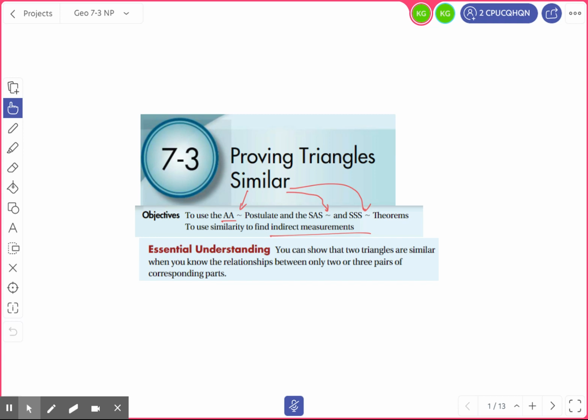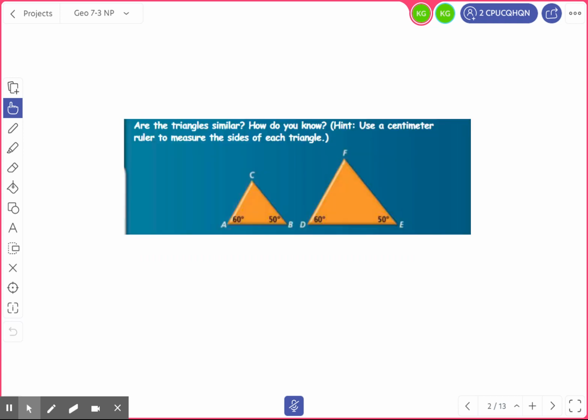All right. So we're going to learn how to show triangles are similar when you know a relationship between only 2 or 3 pairs of corresponding parts. So let's take a look at the first thing. Are these 2 triangles similar? And if we were to measure these, we'd know they were similar because this might have a length of 2, whereas this corresponding side would have a length of 3. And if we measured it, you might get that this is 4 and this is 6.